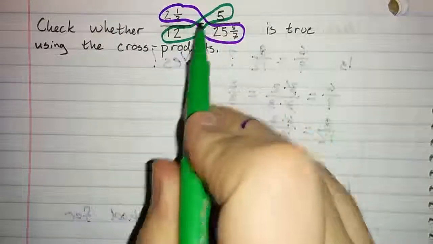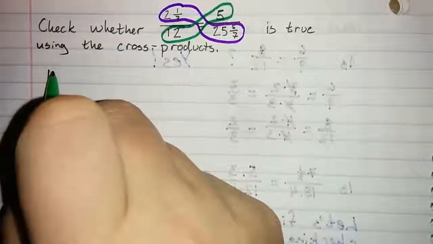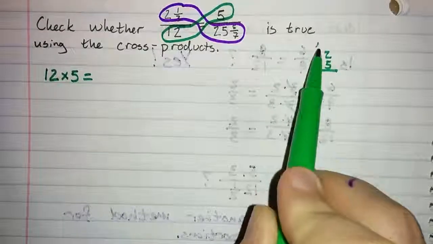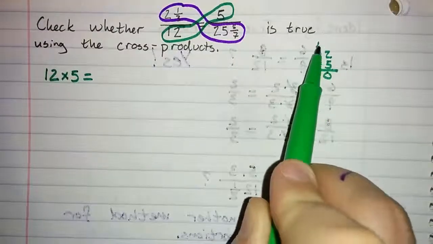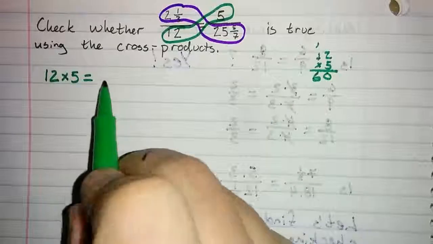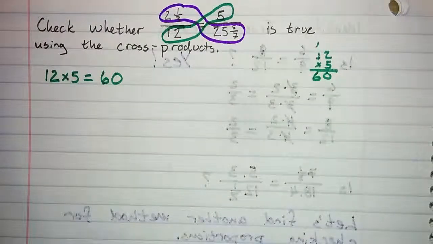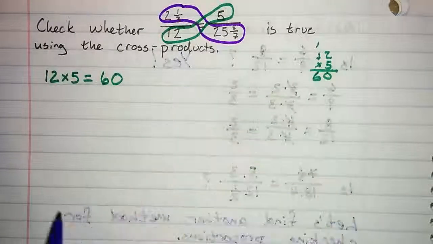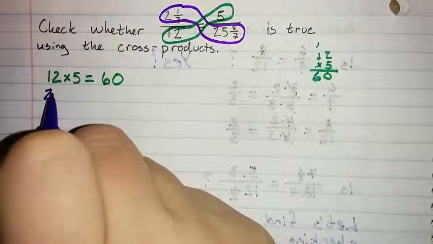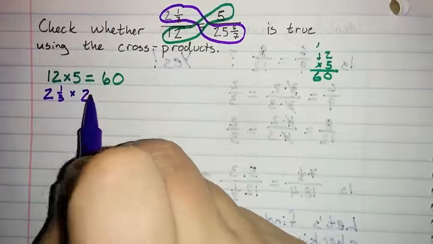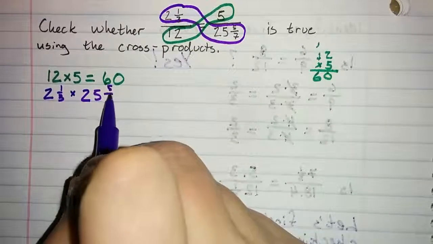All right, I'm going to do the green one first because it looks easy. 12 times 5, 5 times 2 is 10, 5 times 1 is 5, plus 1 is 6. So, we're hoping that the other cross product will equal 60. What is it? It is 2 1/3 times 25 5/7.